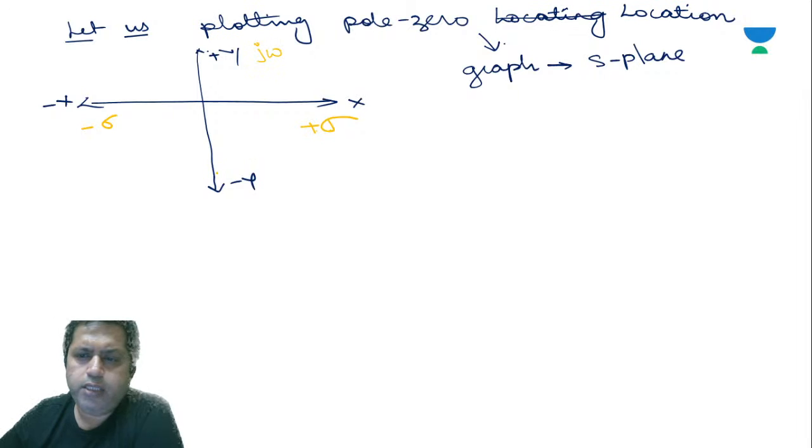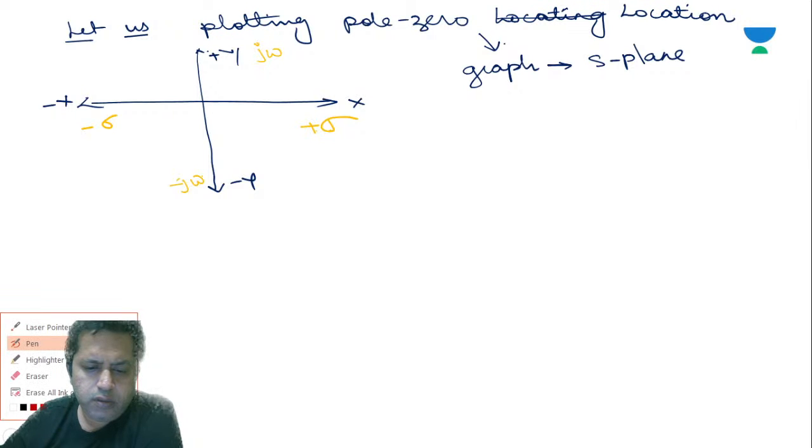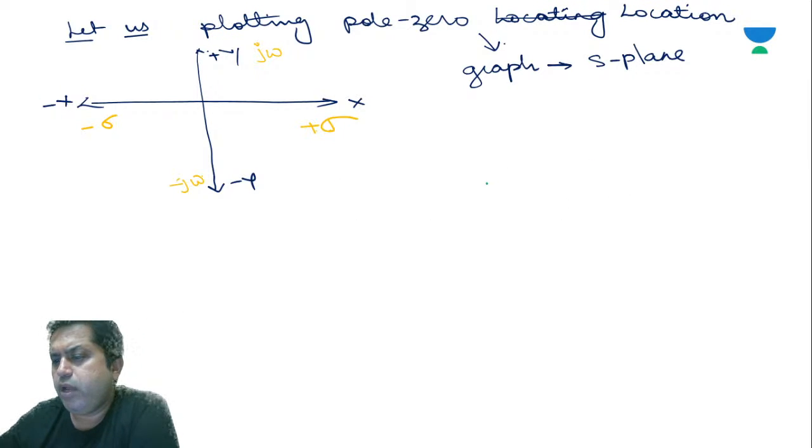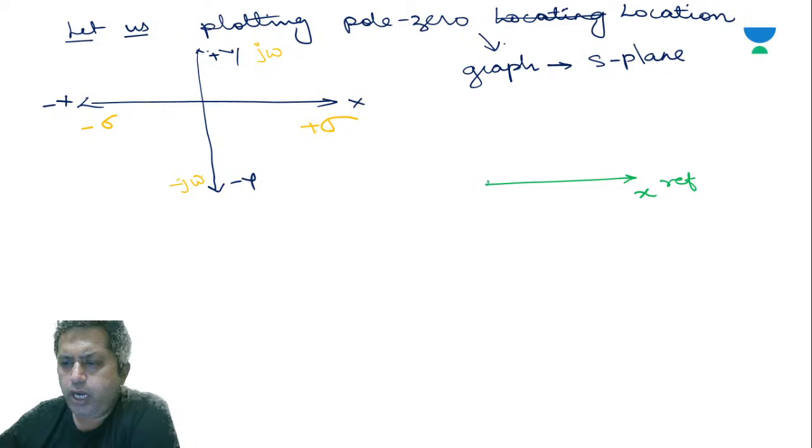Positive y axis is called j omega, negative is minus j omega. Now consider why this is the case. Whenever I have a reference in the positive x direction and I want to rotate this reference by 90 degrees in the anti-clockwise or counter-clockwise direction, I need to multiply it by the j term only.